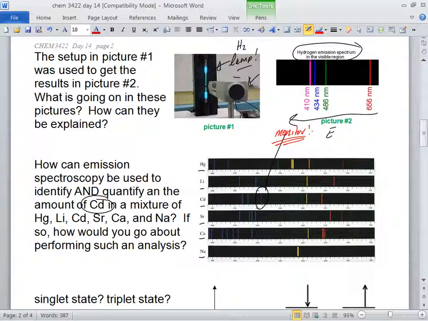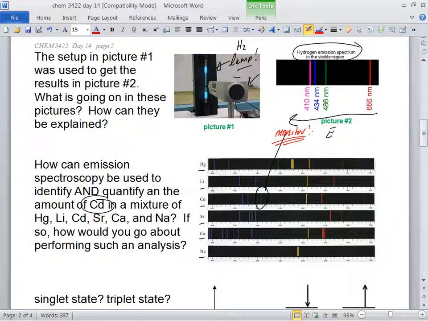So how could you go about telling if cadmium is there? Well, you'd see this line. What could you do, Brandy, to quantify how much cadmium is there? So you must have some instrument that can give you a little signal at whatever nanometers that is.